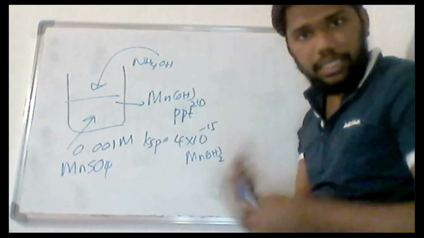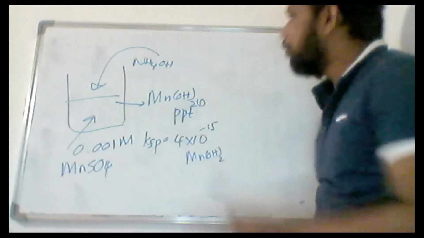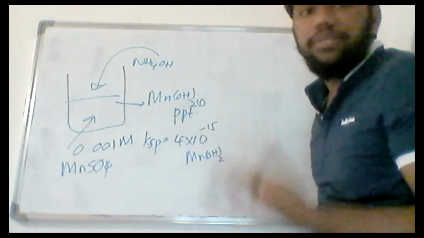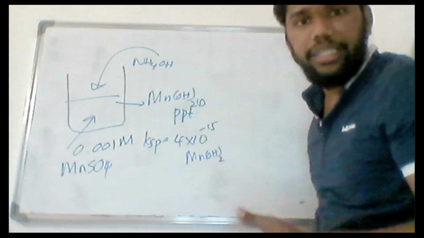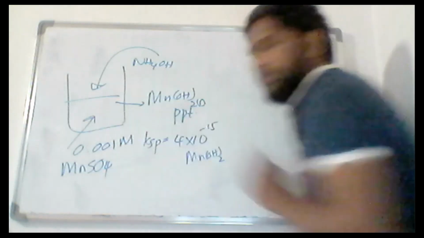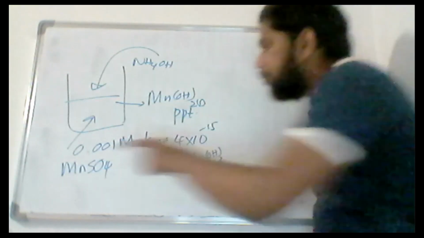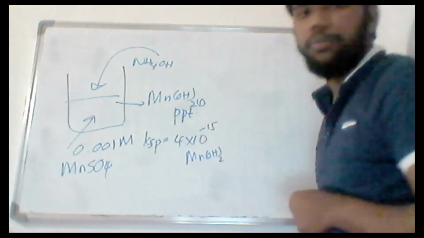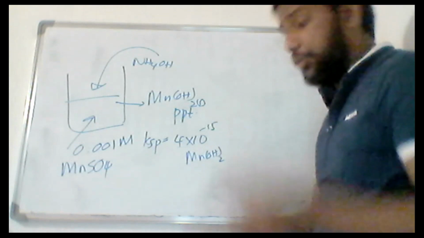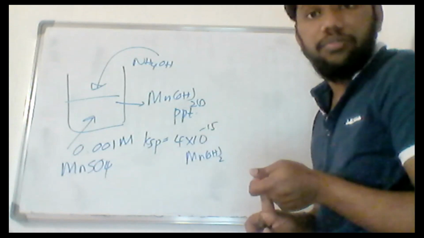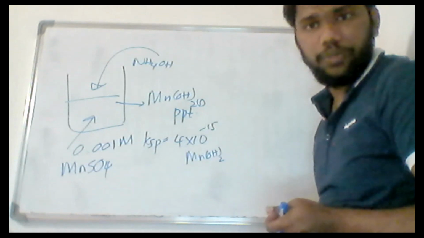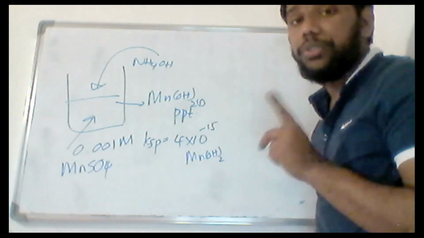So the first thing is, to form this precipitate, what should be the minimum concentration of OH minus that should be present in this solution? Because you know the concentration of Mn2 plus, you should be able to find the concentration of OH minus using this Ksp value.